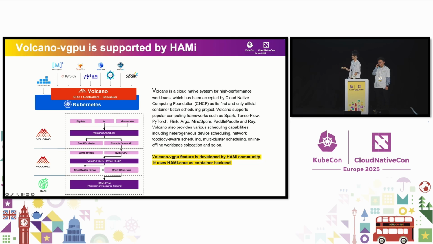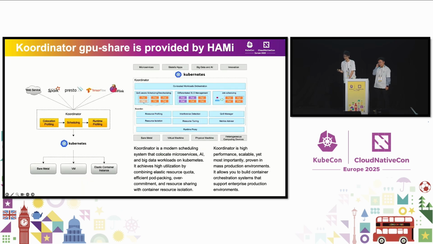You can easily find the Volcano vGPU document on the Volcano project. It's the same for the coordinator. We also integrated the GPU sharing mechanism into the coordinator. You can find their document on their website.